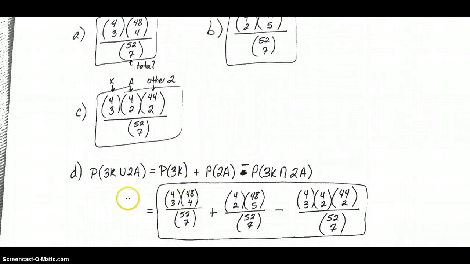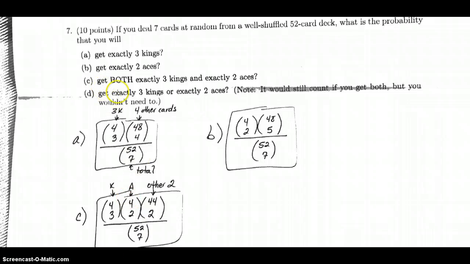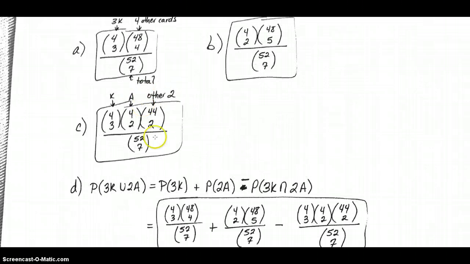And then finally, we want to know the probability of exactly 3 kings or exactly 2 aces. Well, that, according to our probability law, is probability of getting one plus probability of getting the other minus that intersection, which is basically the answer for A plus the answer for B minus the answer for C.